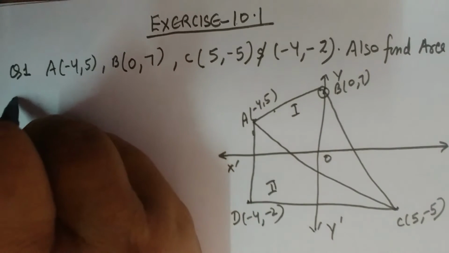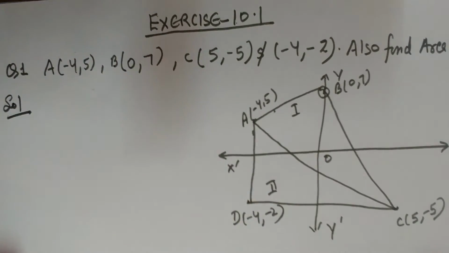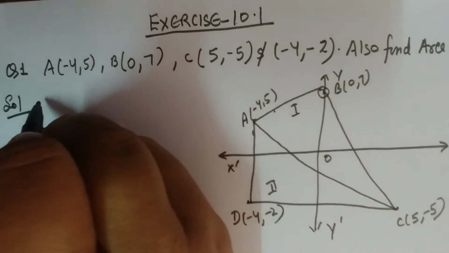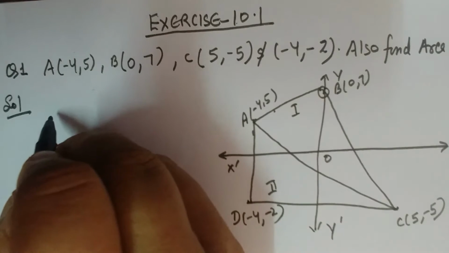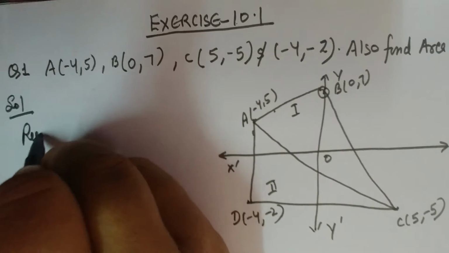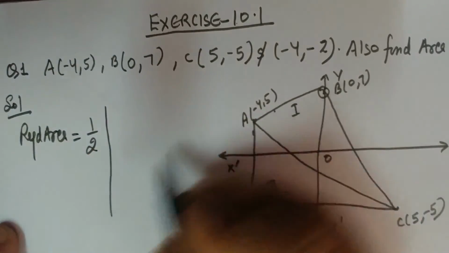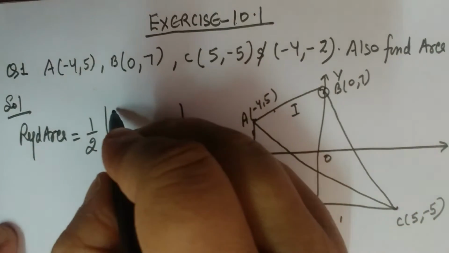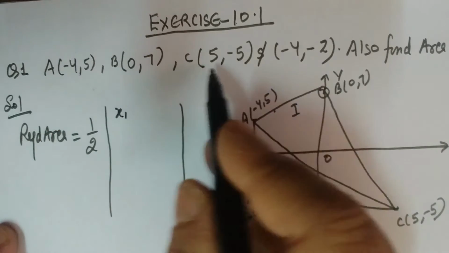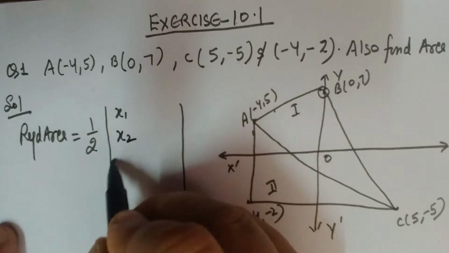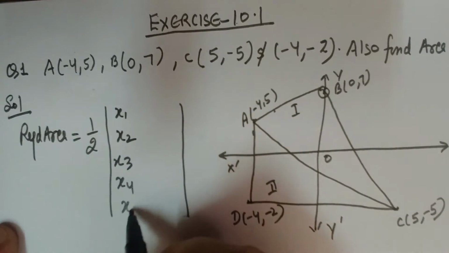But here we are going to use another formula, right? That how to take it for 4 points, how to find out the area. So required area can be calculated by solving half of, take all the x coordinates, x1, x2, x3, x4 and then x1 again.